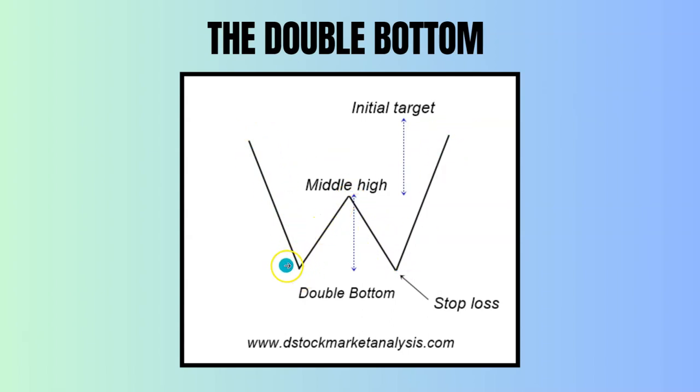Because it makes one bottom here, and then it goes up to make this middle high, and then the stock, instead of going up, goes down to make another bottom, which is relatively the same place as the first bottom. Sometimes it could be a bit higher, sometimes a bit lower, but that's okay.